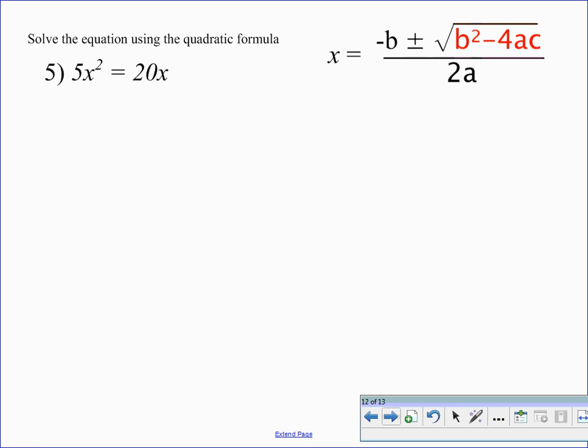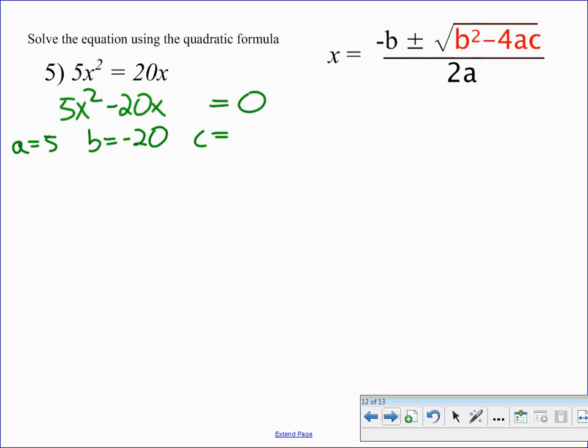Here's another one. This one is not prepped yet for the quadratic formula. So it would be 5x squared minus 20x equals 0. So a is 5, b is negative 20, but c is 0. There is no c term.